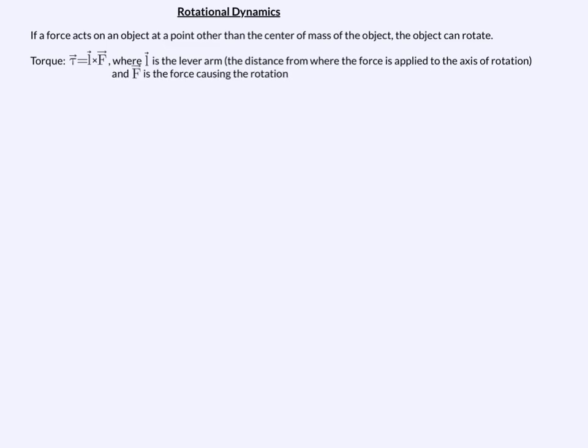If I have, for instance, a beam like this, so it has a center of mass somewhere here, and a force acts on it, if it acts at the center of mass, then the beam will move up in this direction with an acceleration that is proportional to the force and inversely proportional to the mass of the object.